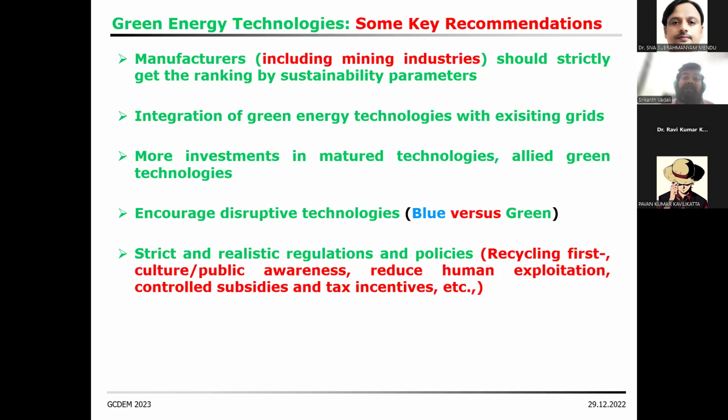And the sustainability levels of life on the planet will increase. But it can come through a disruptive technology. The manufacturers or the industrialists should promote it. They should not suppress disruptive technologies.